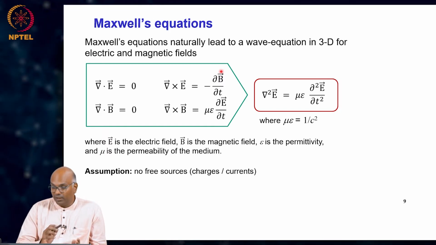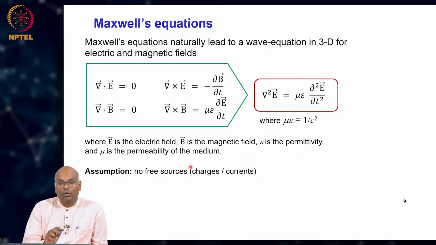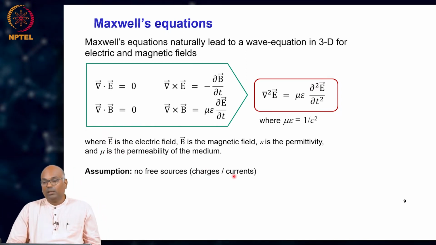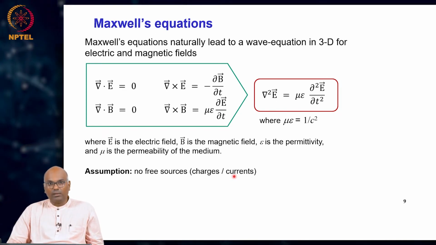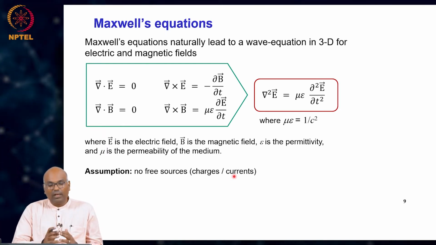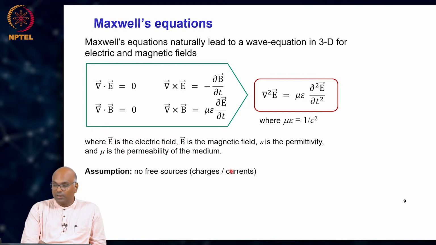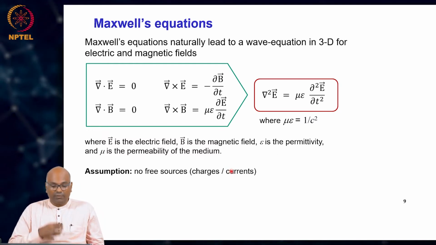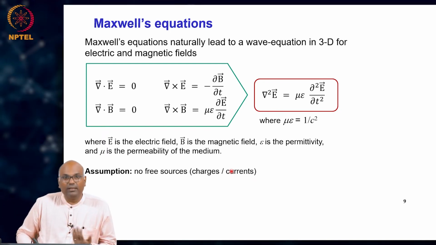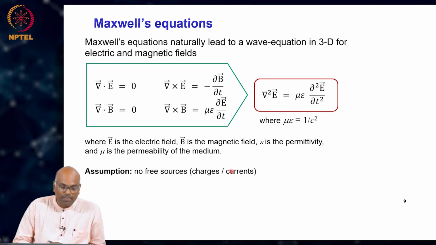Now, if we consider these fields in a situation where there are no free sources whatsoever, that is, no free charges at all and no free currents, and keep ourselves to such a region of space, which is not the most general, but it is the playground for optics, where we essentially like to look at phenomena playing out in a region of space and time without free sources, and if needed and on occasion when we need it, we will insert sources of these waves into the physics that we are going to look at, and then deal with them in an additional manner, which will all become clear as we proceed along in this course.